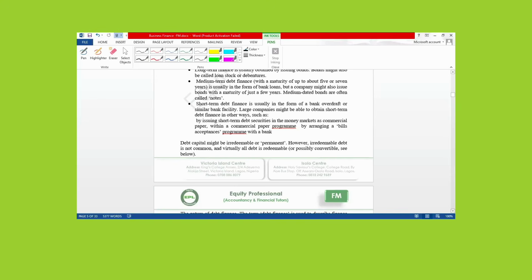Characteristics of debt finance. Debt capital or debt finance might be redeemable or irredeemable debt. Debt finance might be irredeemable or permanent.